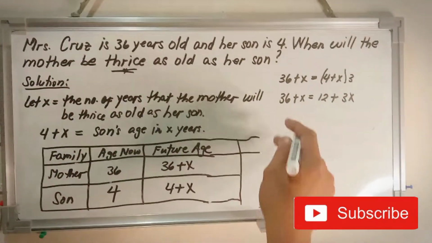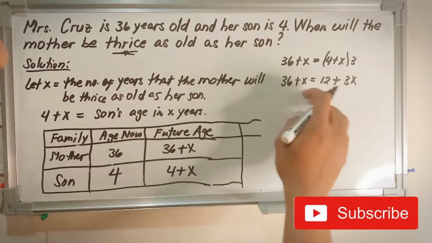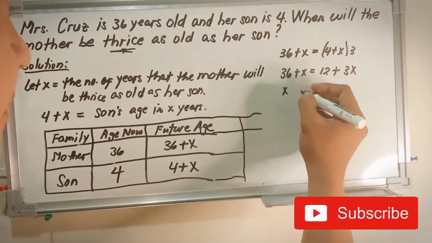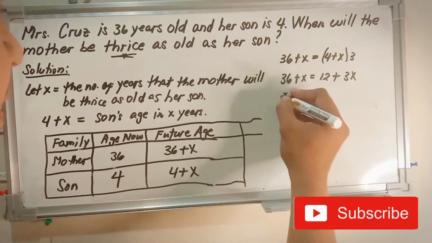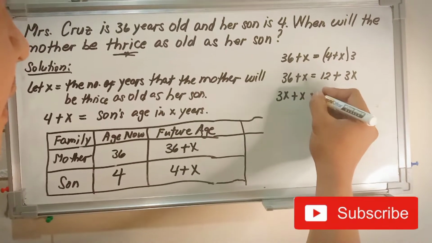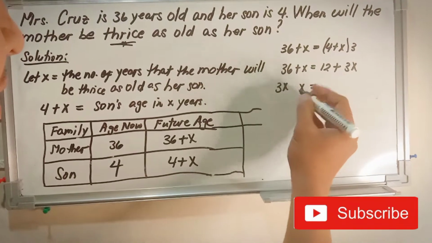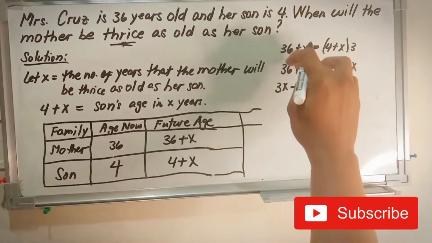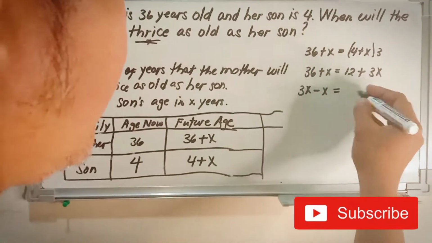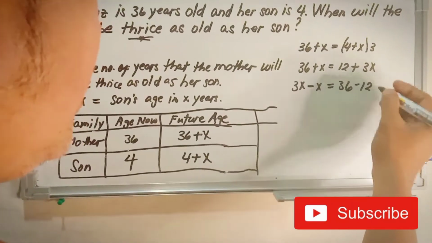So, combine like terms. Since you have to transfer on the other side, 3x minus x is equal to 36 minus 12.